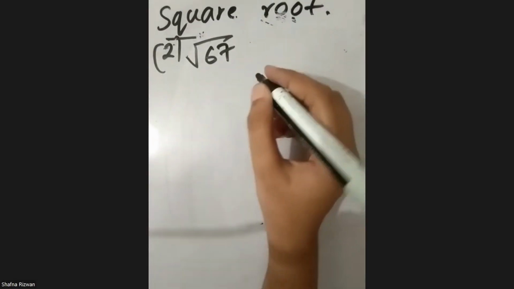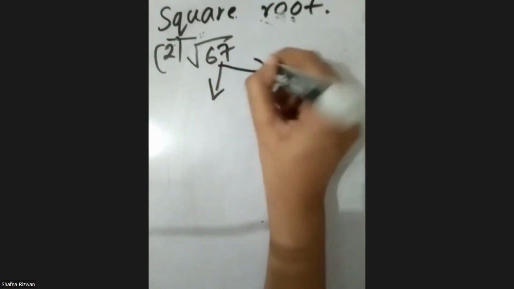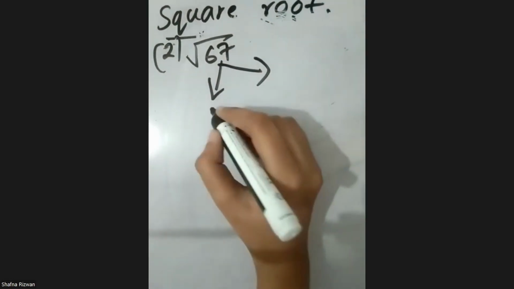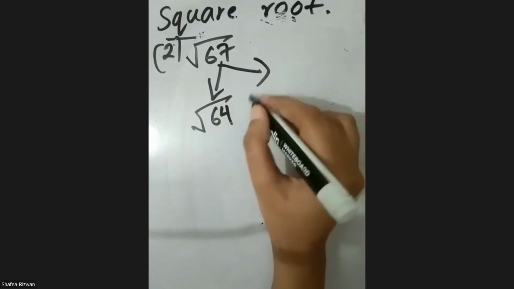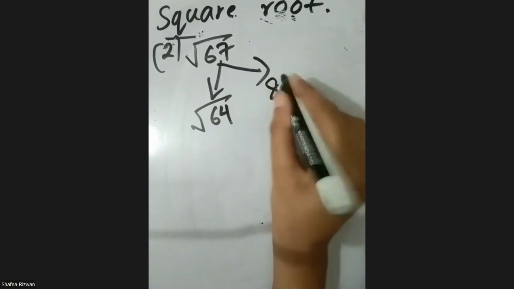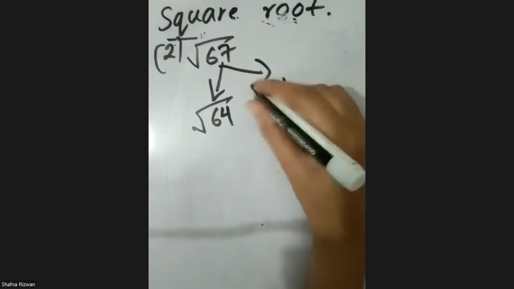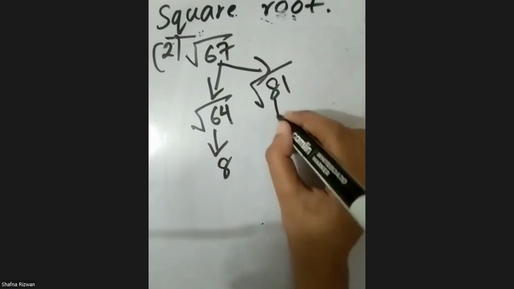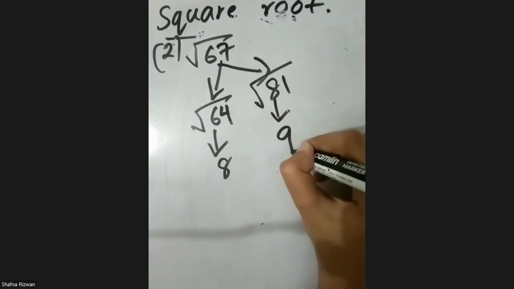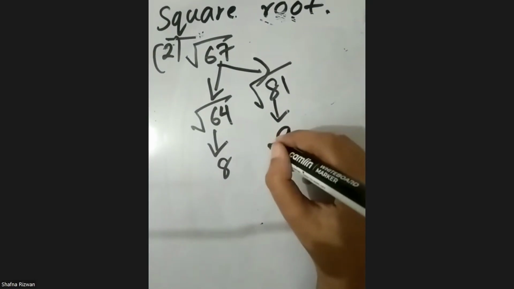So when I'm taking 67, let's see what's the closest value here. You have 64, which is lesser, and after that, what do you have? 81, which is closer. Now, tell me what's the square root of 64? That is 8, and the square root of 81 is how much? 9. So it should be in between these only.